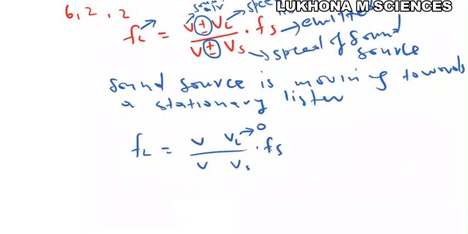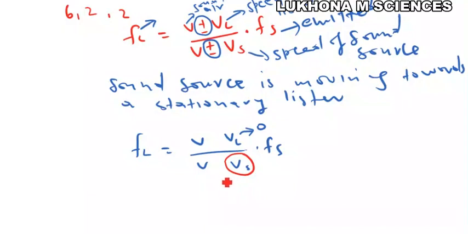Okay, so they say the sound source is moving towards a stationary listener, meaning that the listener is not happy because it's coming with a noise, right?